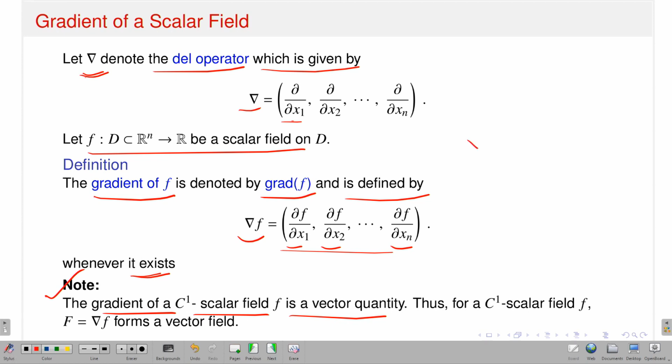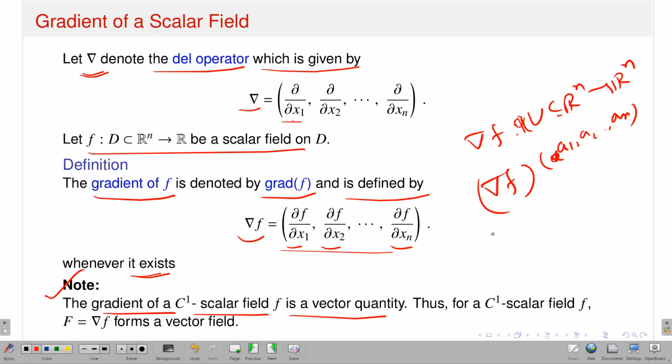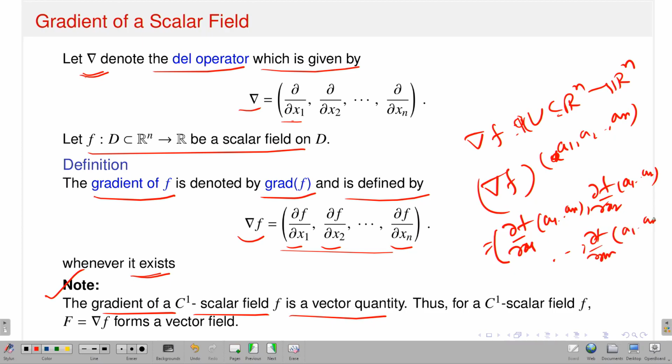So grad f is a map from some domain, a subset of Rn, to Rn. And what is that? Grad f at the point a1, a2, up to an is del f/del x1 at the point a1, a2, an, then del f/del x2 at the point a1, a2, an, up to del f/del xn at the point a1, a2, an.